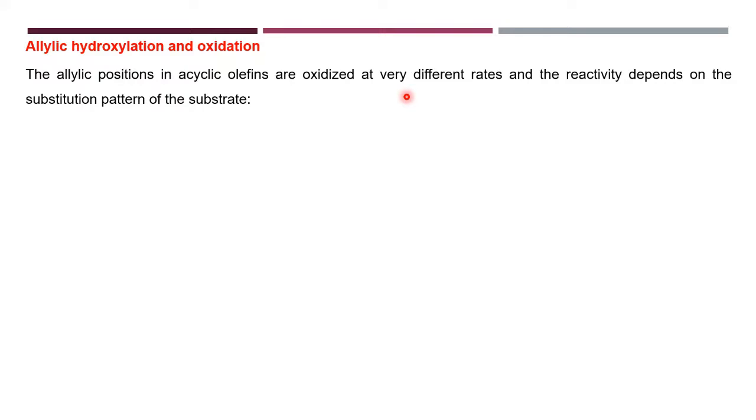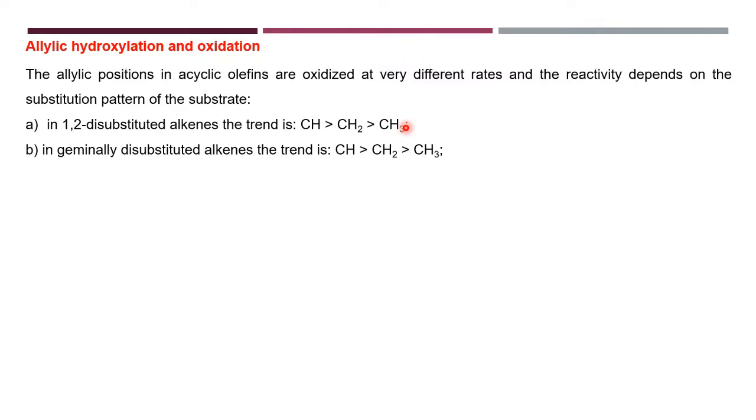If you are given a 1,2-disubstituted alkene, then the trend of reactivity will be CH, then CH2, then CH3. If you are given a geminally disubstituted alkene, the trend is CH, CH2, CH3, which is the same.